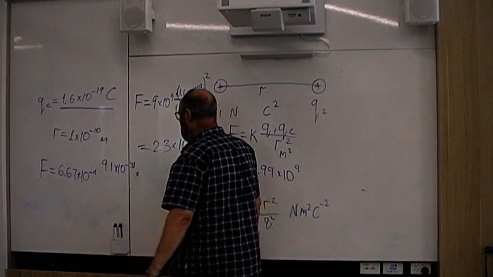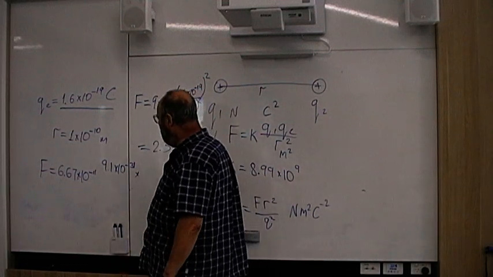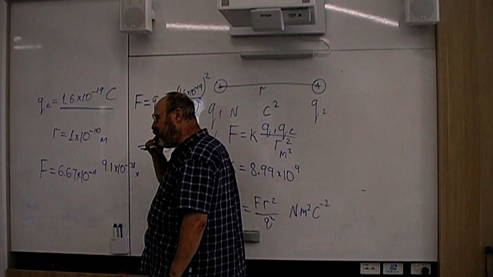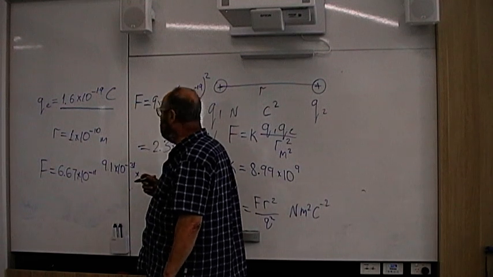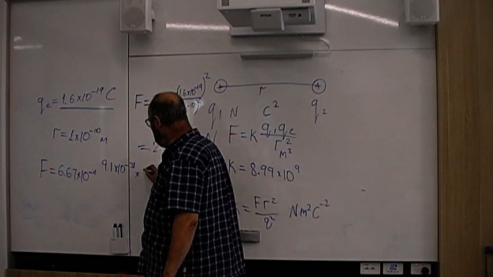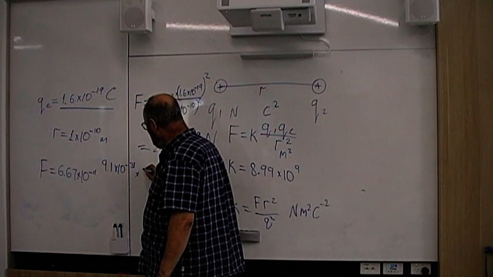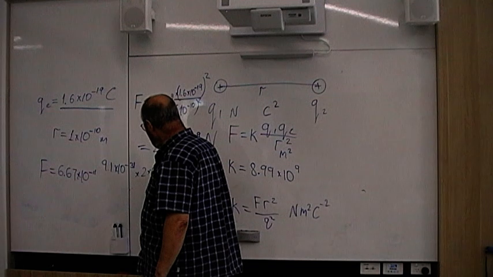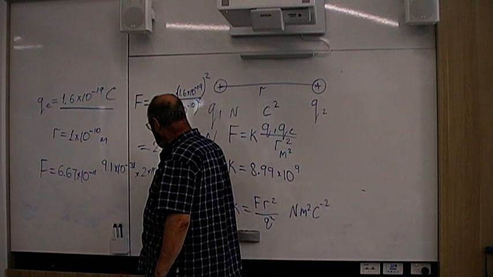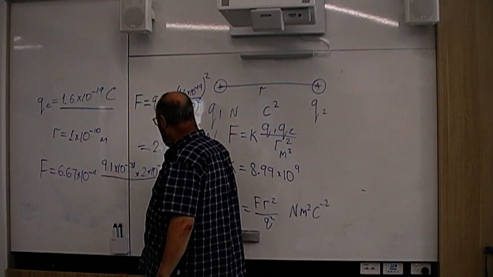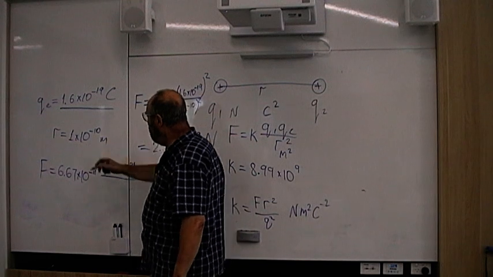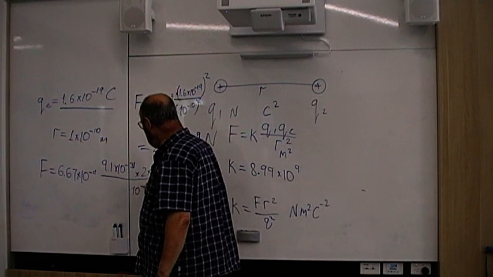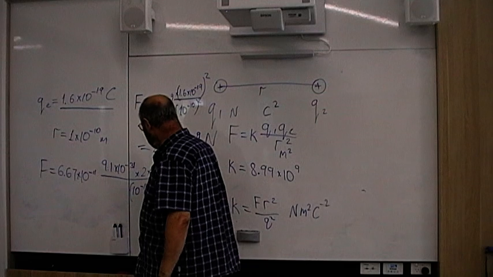I don't remember exactly the mass of the proton, but let's take it approximately as 2 times 10 to the negative 27. This is an example. And the distance is the same, 10 to the negative 10 squared.